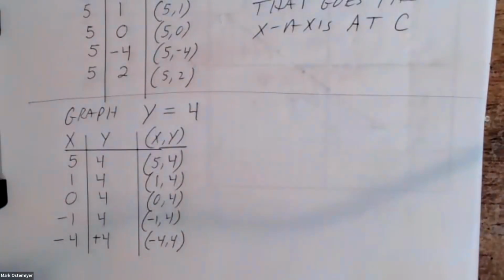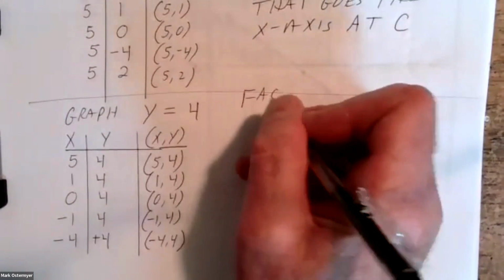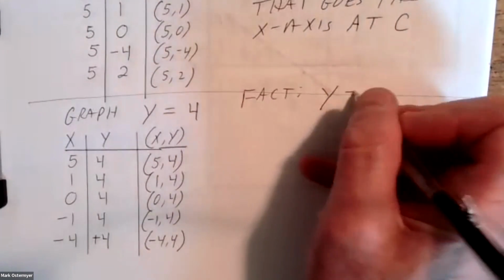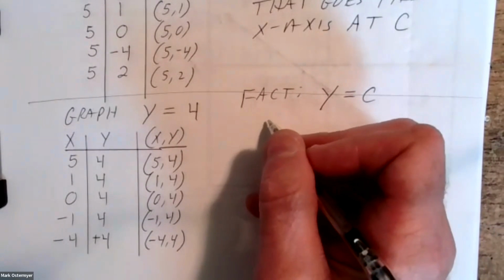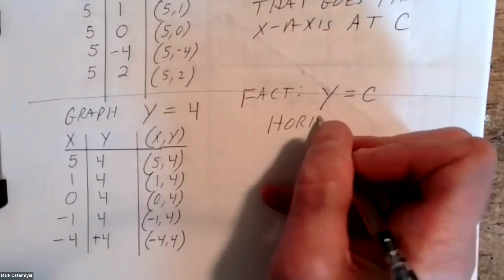Let me let you know a little secret, ladies and gentlemen. It's a well-known fact that when your linear equation has just a Y variable equal to some number, the graph is always going to be a horizontal line.